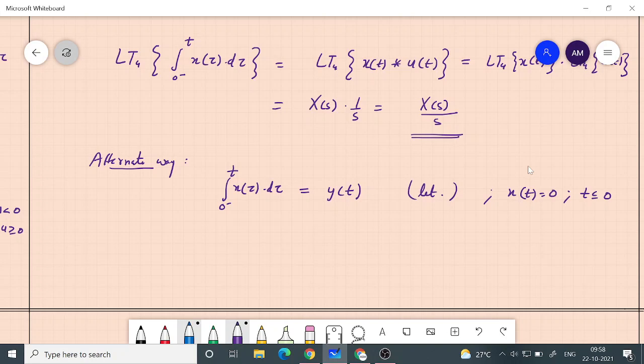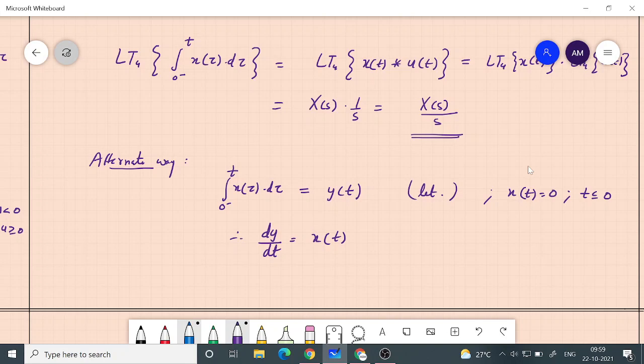And therefore if that is the case, then if I differentiate on both sides, I will get dy by dt is equal to x of t. That's what we did, right?